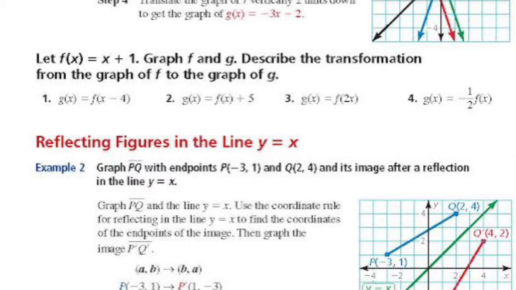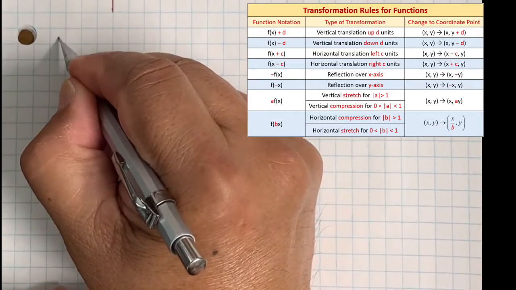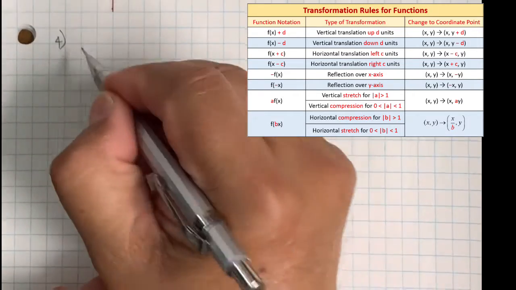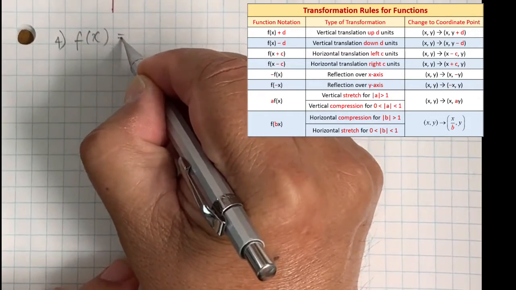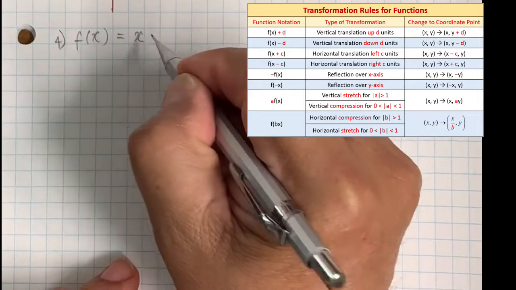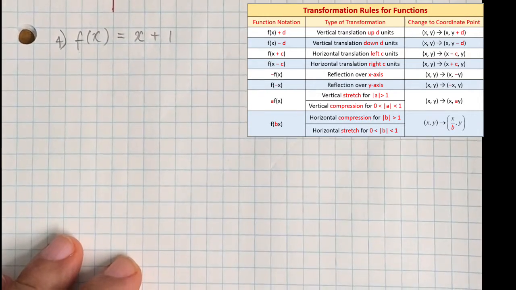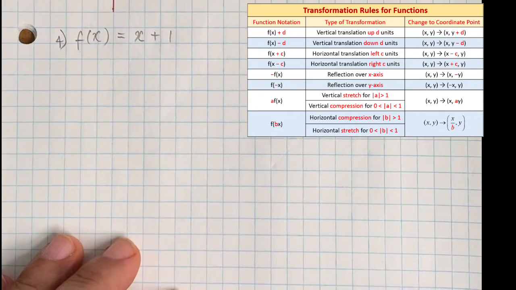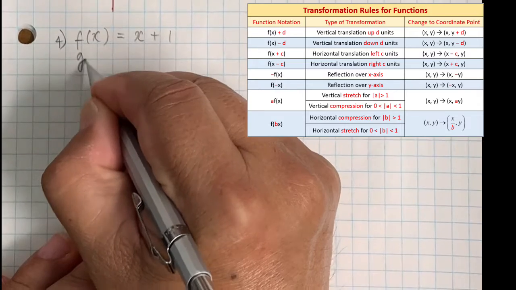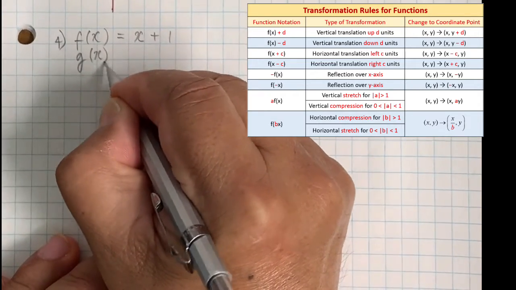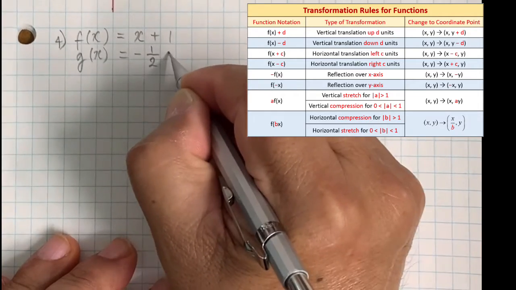Problem 4. Okay, number 4. Again, f of x is still equal to x plus 1. And now in this problem, g of x is negative 1/2 of f of x.